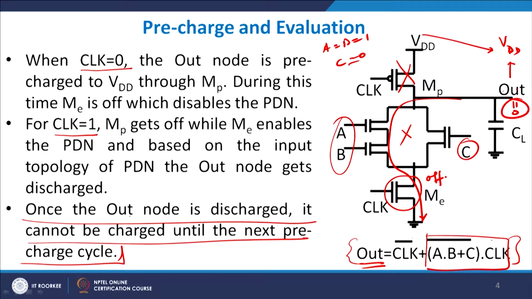Similarly, when clock is high, clock bar will be low, so this will go to 0, this will go high, and then depending upon A, B and C, out will be determined, and this is basically the complement value that will be shown to you. Why? Because, for example, if we take 1.1 plus 1, I should get output equal to 0, and that can only happen if we have a NOR function or a NAND gate.